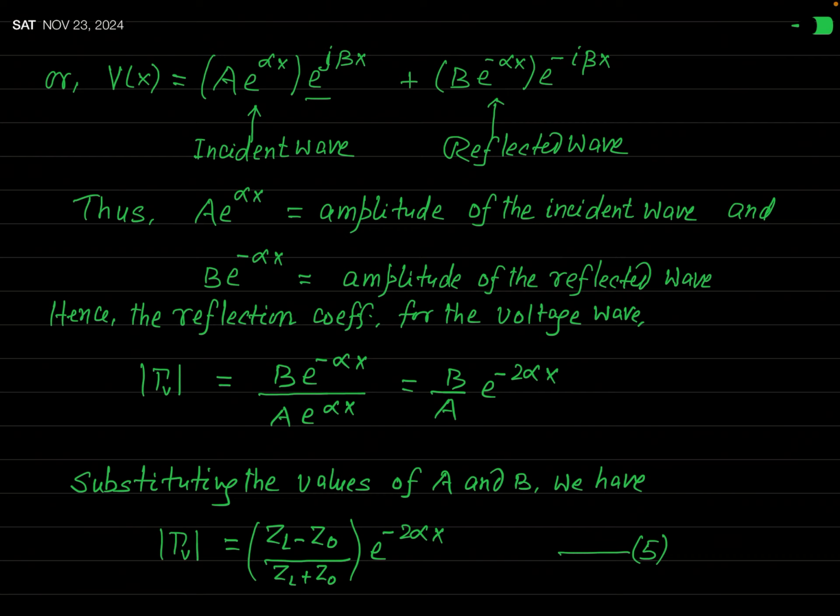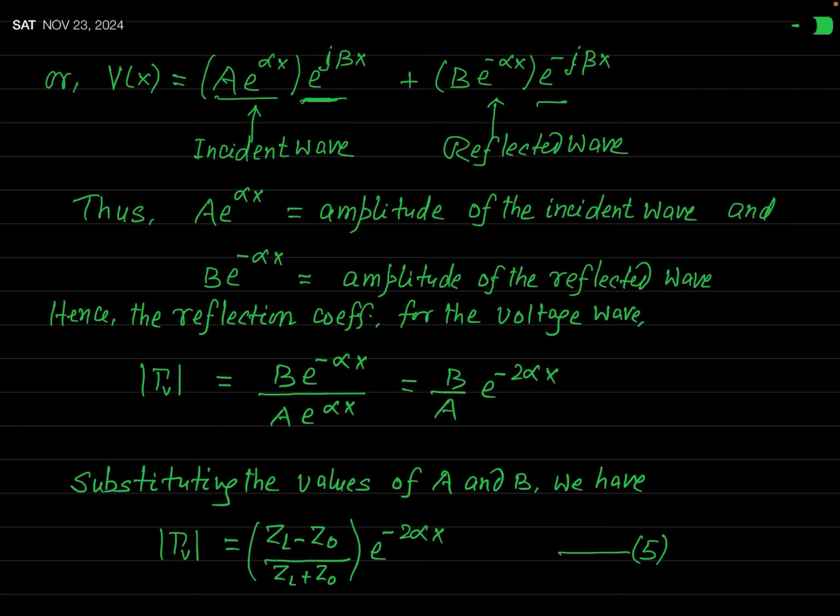The second term can be written as B times e to the power minus alpha x times e to the power minus j beta x. In fact, the first term represents the incident wave and the second term represents the reflected wave. Now e to the power j beta x, the presence of j makes this function oscillatory. So this is the wave part, or you can say the phase part of the wave.